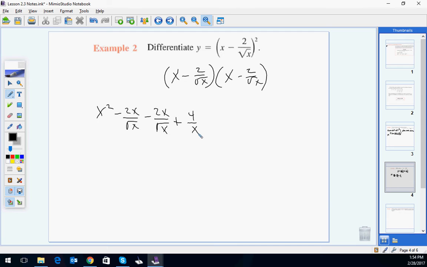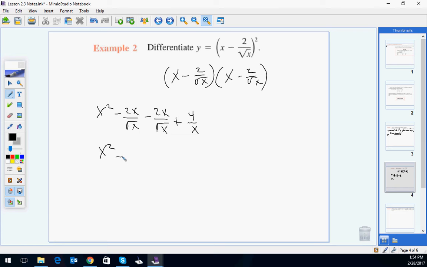So I could write these all as exponents. So x over root x, what would that simplify to with your exponent laws? This is x over x to the 1/2. So what do you do with your exponents? You subtract. So it's 1 minus 1/2.